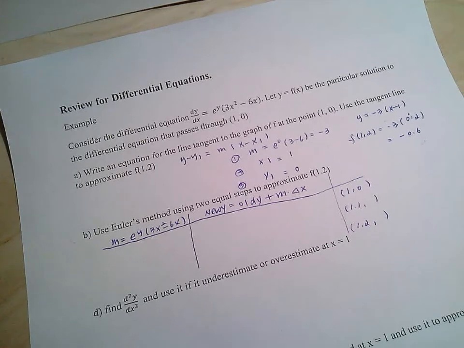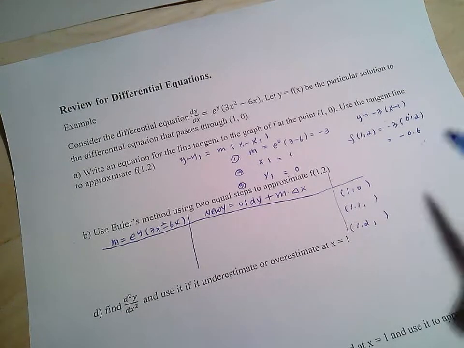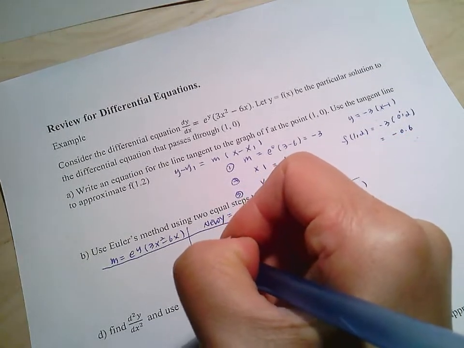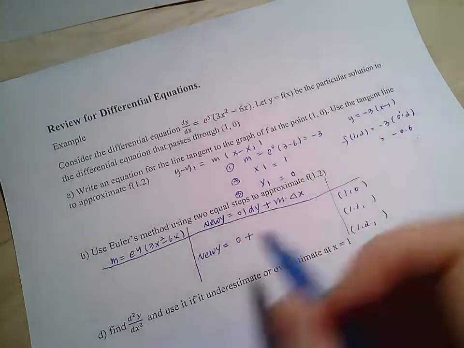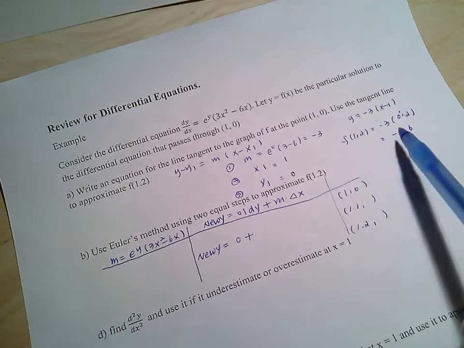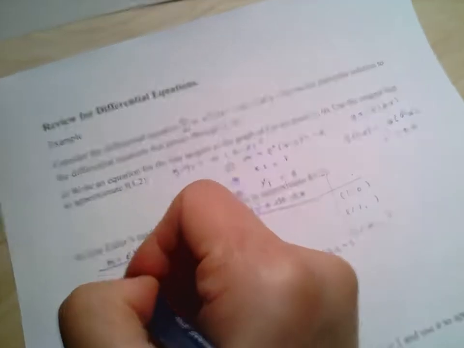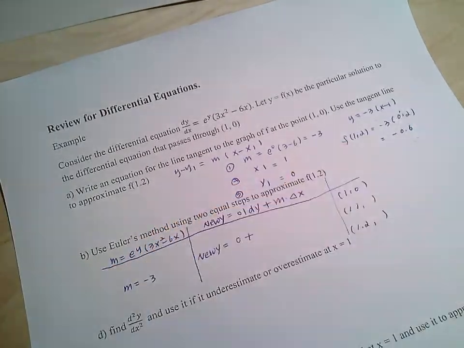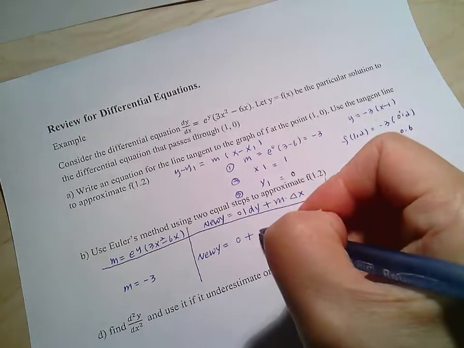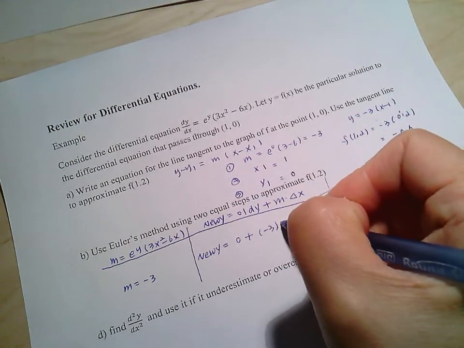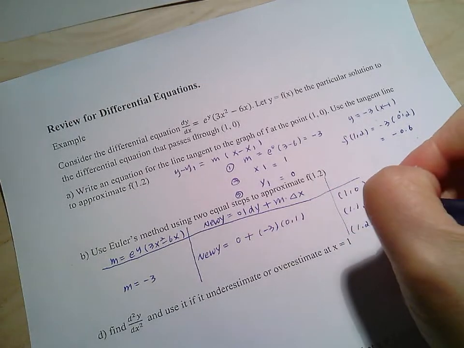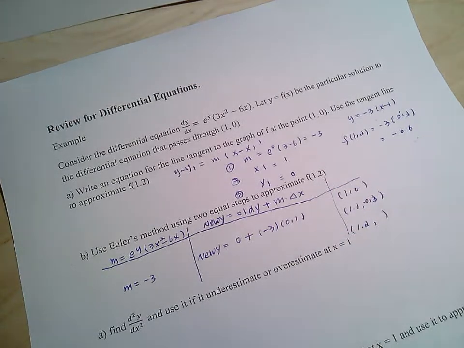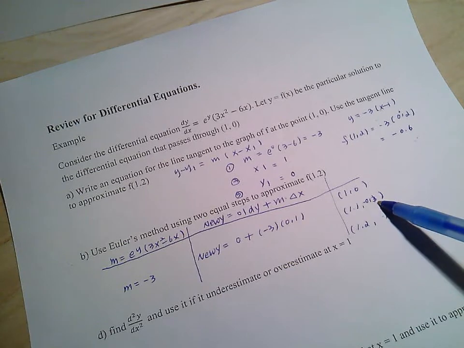All right, my new y is the old y, 0, plus m. We already got the slope from part A, which is negative 3. So negative 3 times 0.1 is negative 0.3. That's my new y.